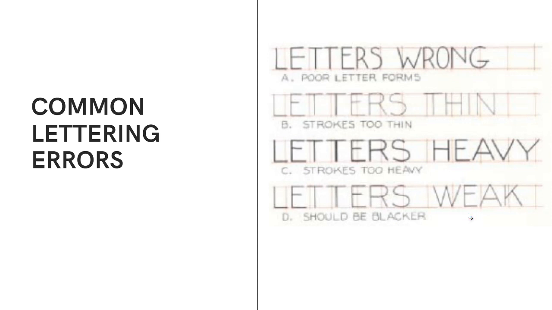Lastly, the letters should be blacker. This happens, for example, with your pencil, a pencil that is way too sharp. Usually it breaks and the lines turn out thin. Also, if your pens are almost running out of ink, your strokes would be way lighter. So the blackness of your letters should be consistent, especially with pencils. It would be better to sharpen it to a fine point.